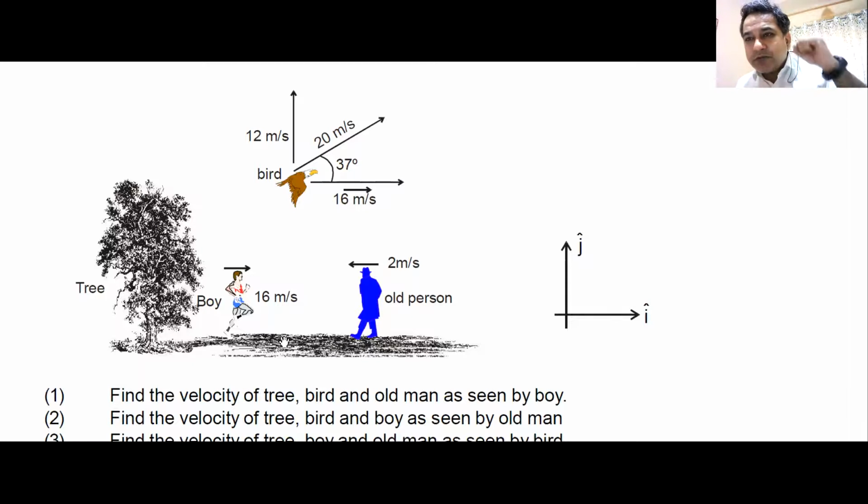Your time starts now. Tree is given, boy is given, old man is given, bird is given. You have to find the velocities of all these, 3 of them, with respect to boy. Velocity of tree with respect to boy, velocity of old person with respect to boy, and the velocity of bird with respect to boy. Your time begins now.